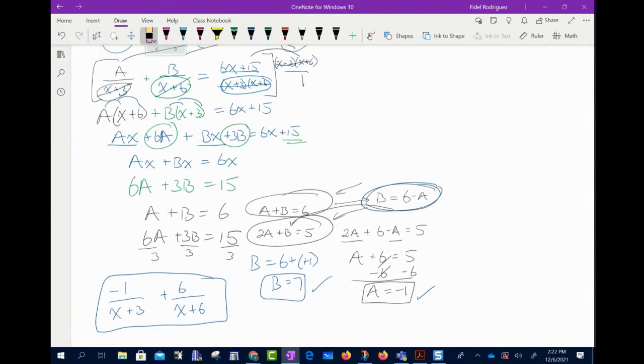So my question is, could the 7 have been over x plus 3? No. Why not? Because remember, you're coming up with two different numbers, right? So look, do it this way. The question is, could it be that way, right?